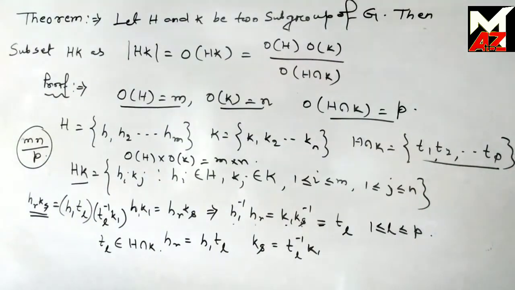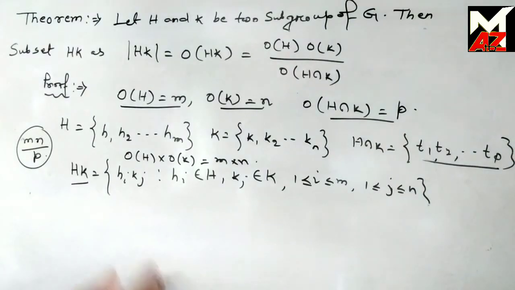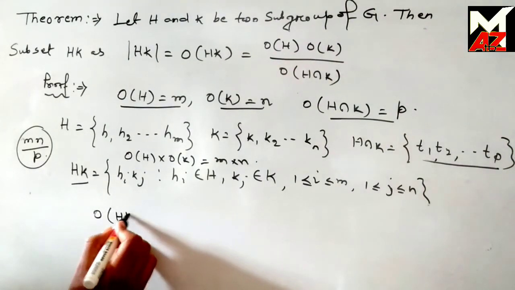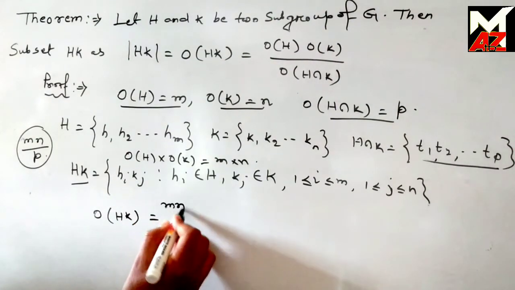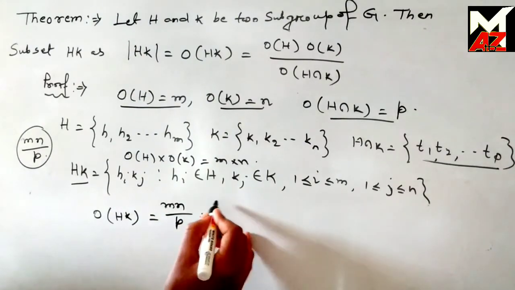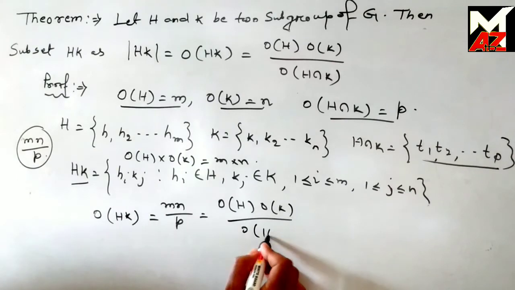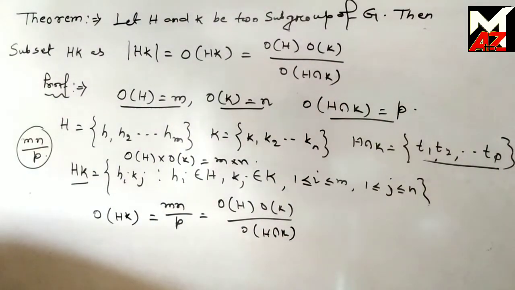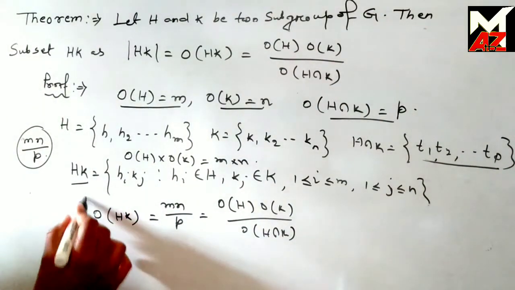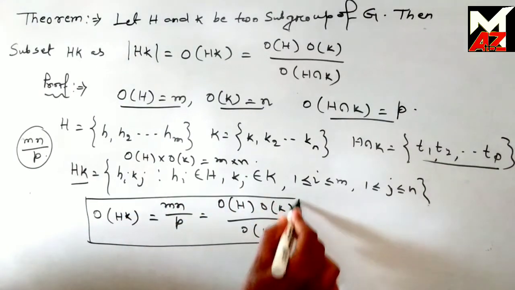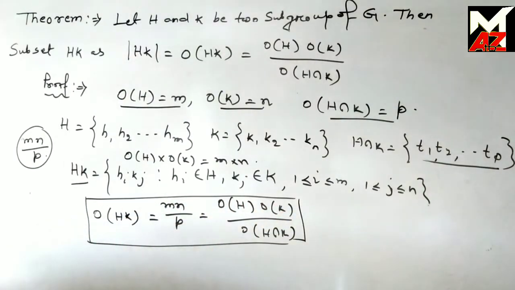So we say that order of HK is equal to mn by p, and this is order of H into order of K by order of H intersection K. Okay, this completes the proof of the above theorem.